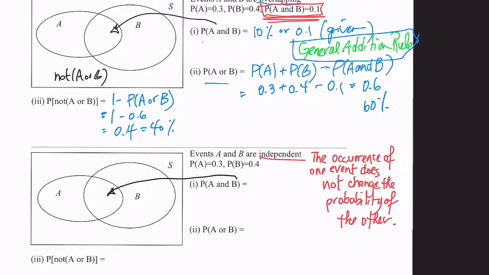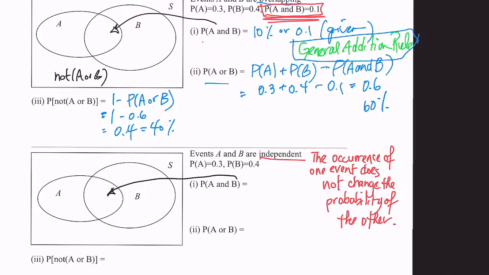Okay, so in this sense, because there are 2 events, the occurrence of one event does not change the probability of the other. I'll try this several ways to make it clear, but right now the chance of A happening is 30%.